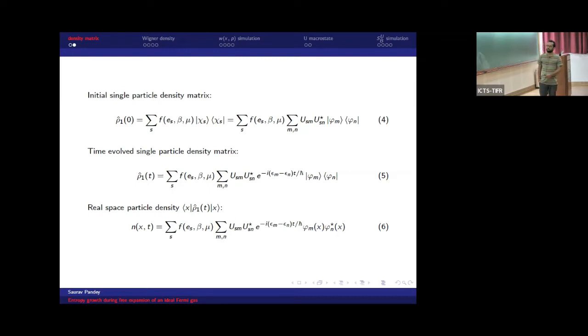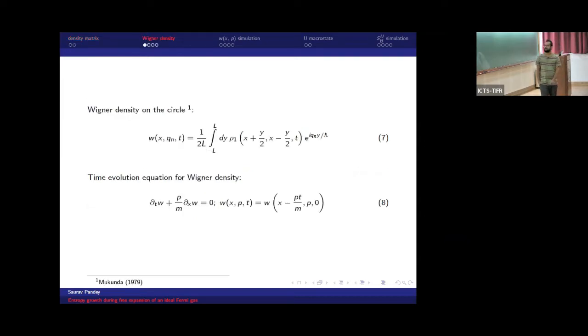So this is one way of doing it. Another way is to define a Wigner function on the circle. For a circle, it was defined in a paper by Mukunda in 1979, for example. But the slight change that we have is that it's defined for these Q values.